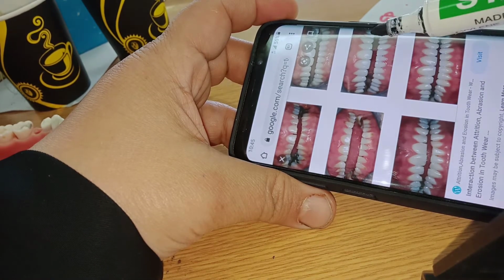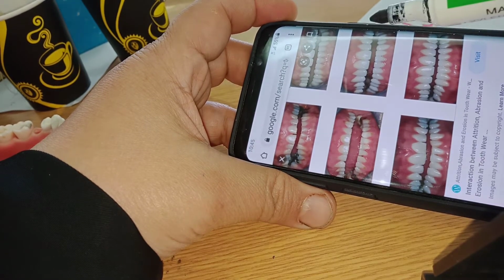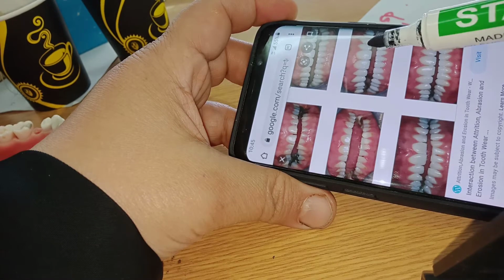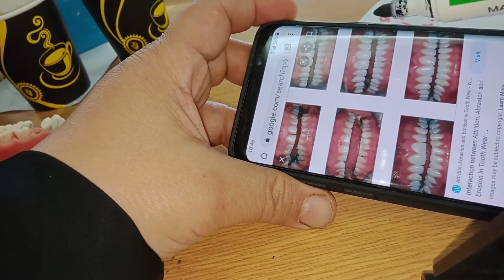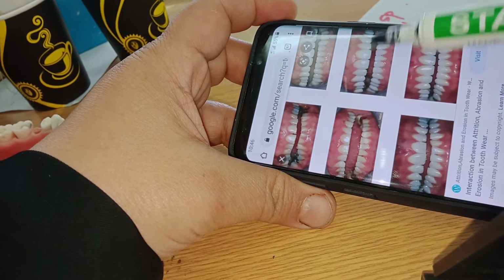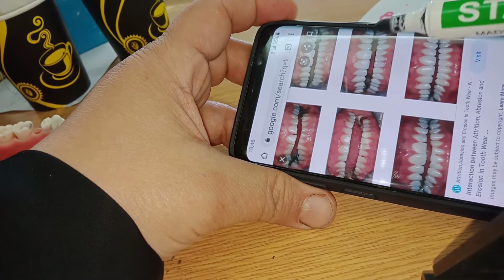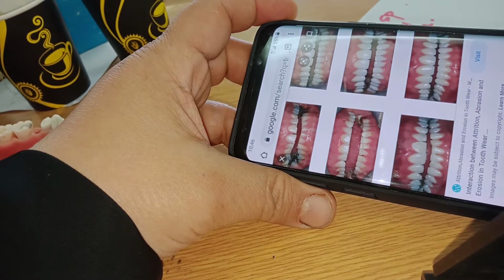In such cases, to avoid problems with teeth chipping and TMD after full mouth rehabilitation, we have to put back the curve of Wilson and the curve of Spee to the teeth. So don't make it a flat rehabilitation.